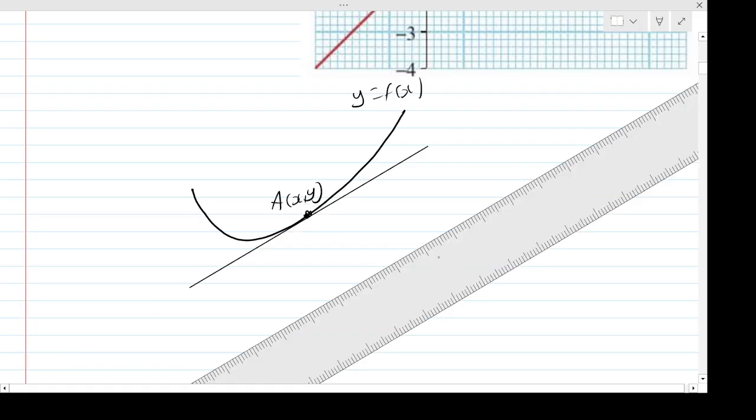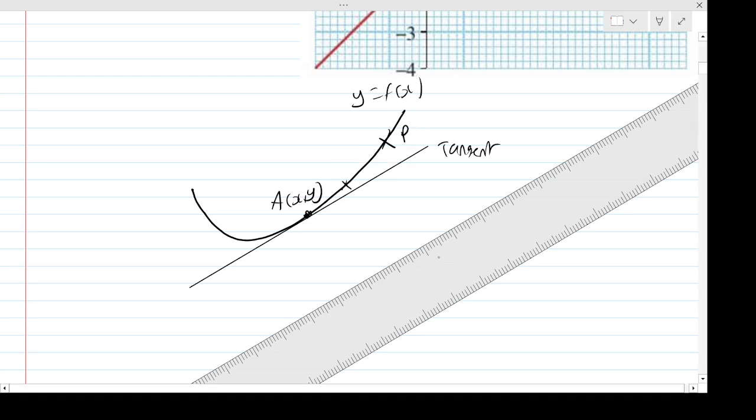Then I said we have a point P, and the idea is I want to make P closer and closer to A to get a better approximation for the gradient between A and P to match the gradient of my tangent. Originally, let's say P's up here.